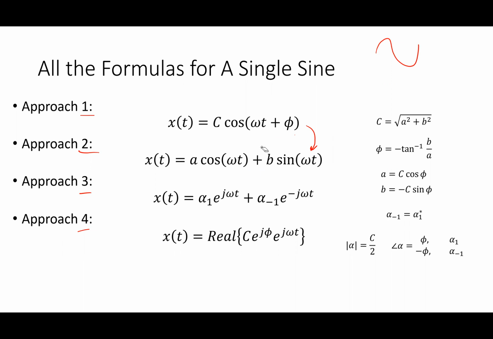How did I get last time from this top one, approach 1, to approach 2? What did I have to do to get from the first one to the second one? A trig identity. If we go through carefully, this is really all you need. Like I said, there's a lot of formulas in that first section of chapter 9, but this summarizes them here.